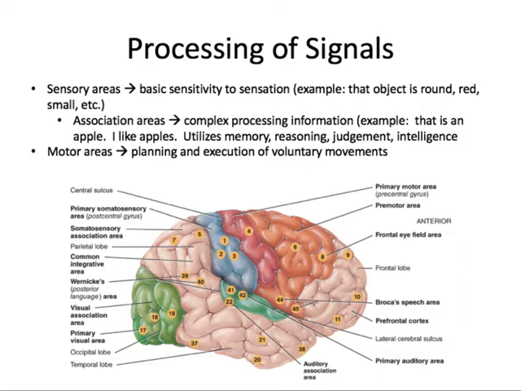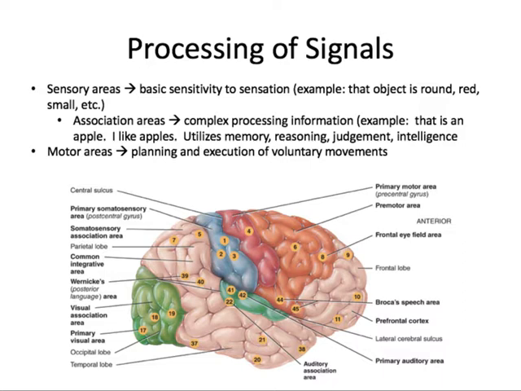So an association area is where complex processing happens. How do you take that information that's coming into the primary area and utilize it so it means something to your brain? So something that's small and red and round could be a Christmas ornament hanging on your Christmas tree, or it could be an apple. And how are you going to take that information and what does it mean to you?